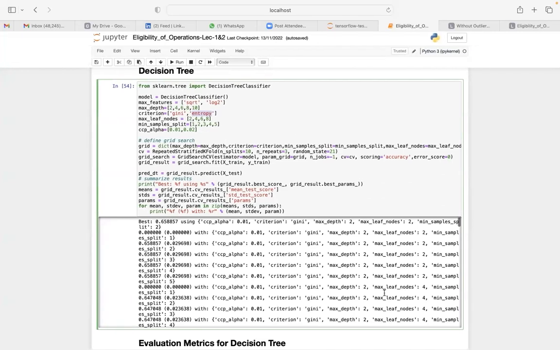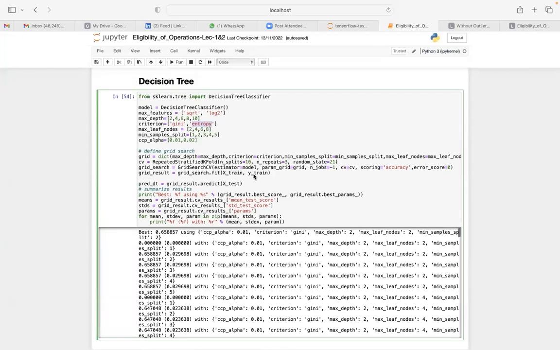As you can see, the best parameter that we have got is when sample split is 2. So 2 sample splits, it has decided that this is the best factor. It has taken one sample from the data and decided that the alpha value 0.01, Gini index and max depth 2, max leaf node is good. Another time it has taken the other sample and decided the same exact value for that sample as well.